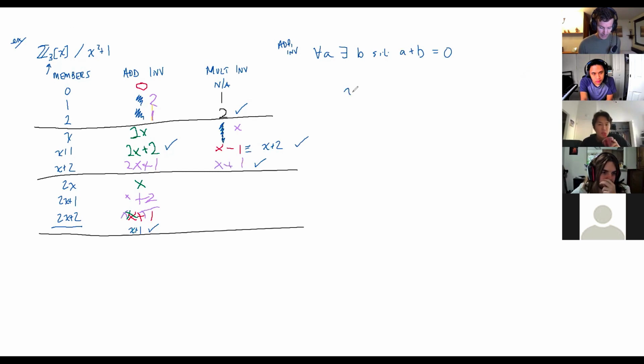So let's check x times x, call that x squared, which is equivalent to negative 1, which is equivalent to 2, because we're doing ternary arithmetic. But you're close.